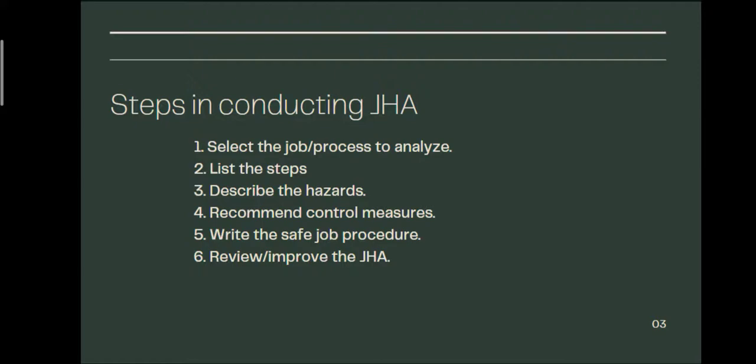You must not make it too broad or too detailed. You just have to make it simple and comprehensive. You may want to photograph or videotape to present it to the involved workers. For instance, we can review the steps with the worker and other workers who do the same job to make sure you have not left anything out.